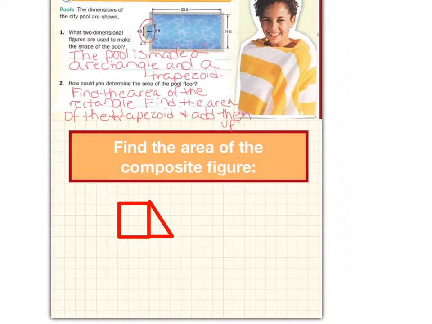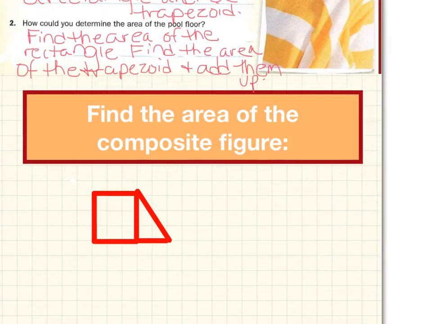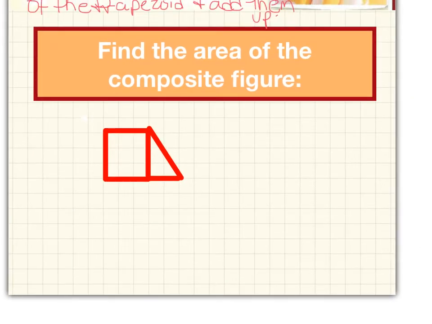So let's try to find the area of the composite figure that is shown below. As you can see, I have drawn a square and a triangle together. We need to find the area of this composite figure. In order to do that, we should do like we did when we talked about the pool. First, we should find the area of the square.